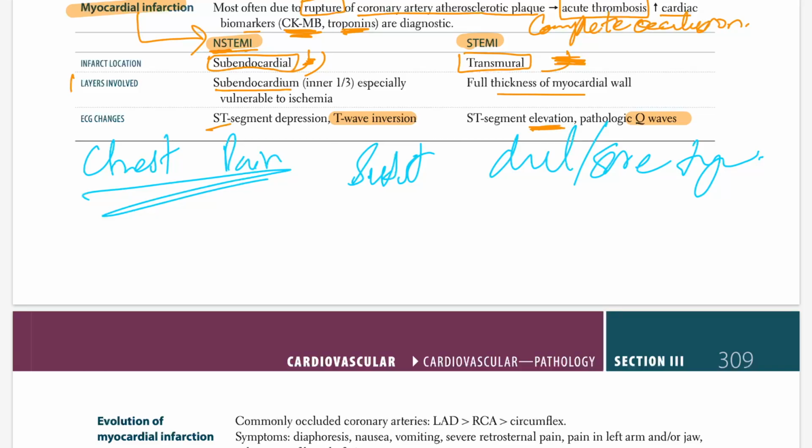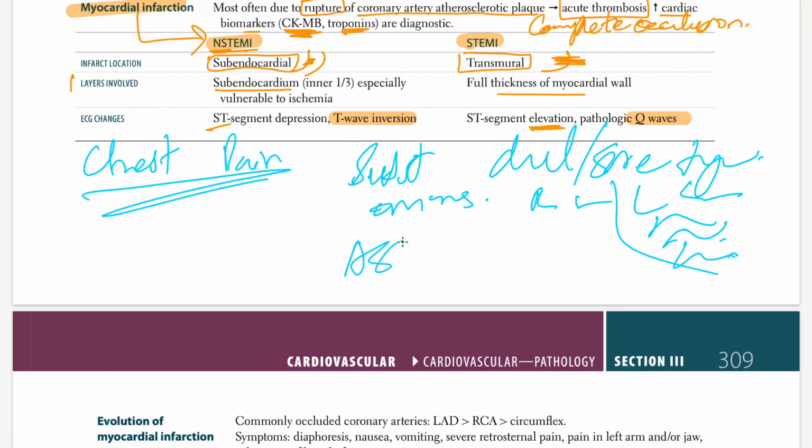And it will last for minutes, and it will radiate to the lower jaw, the teeth, or the left shoulder, or the arms. So left shoulder, arms, neck, lower jaw, anything.